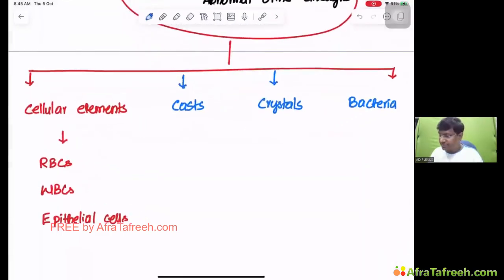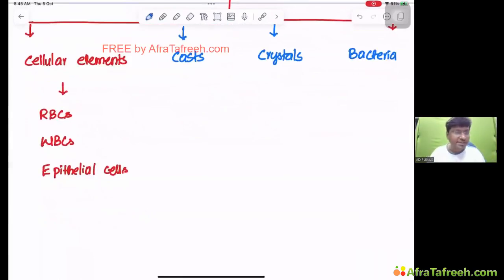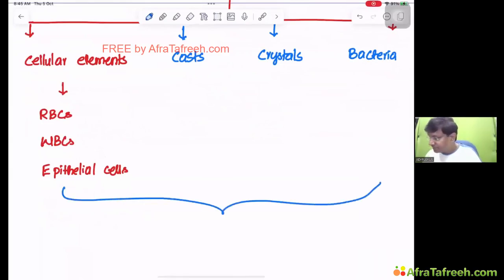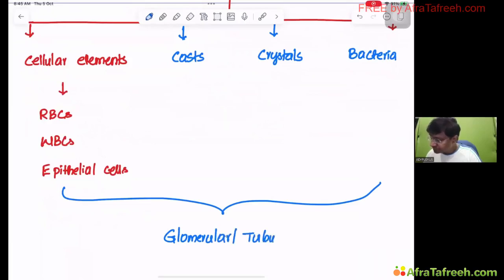Now, where could be the site of origin? Any of these indicates either glomerular injury or tubular injury also, right?